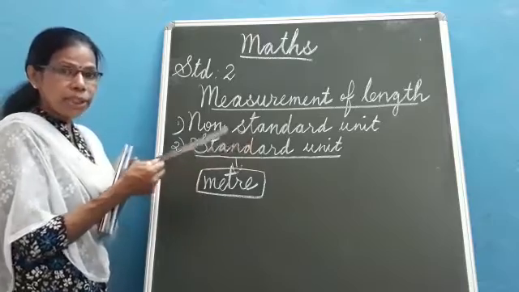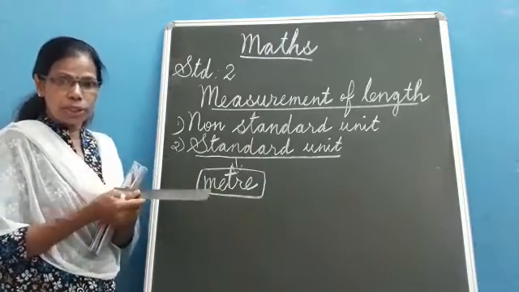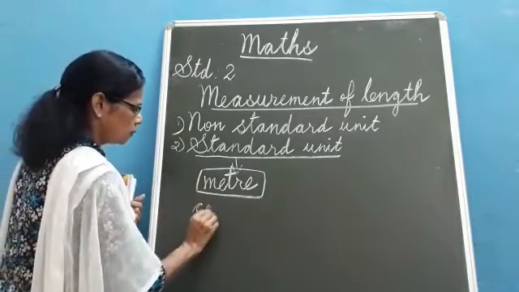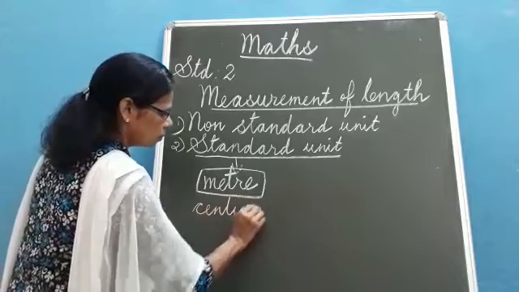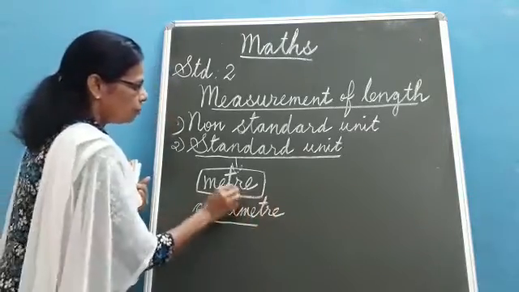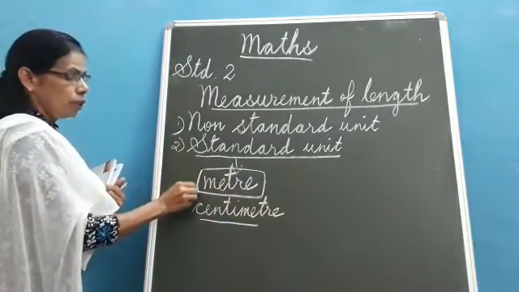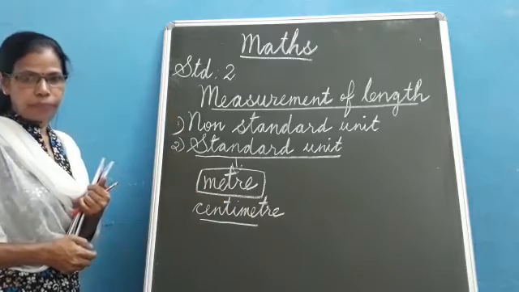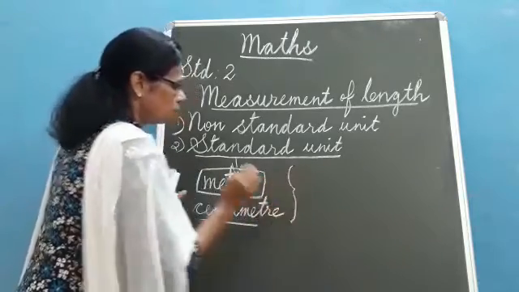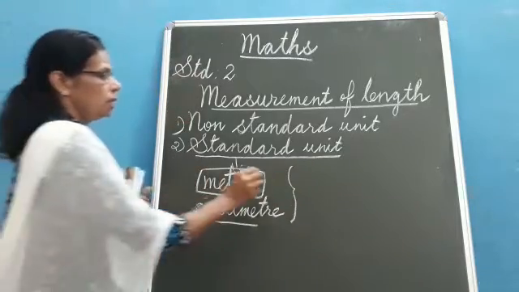So, to measure the smaller objects, we use the centimeter and for longer or taller objects, we use the meter. Now, what is the difference between this meter and centimeter?